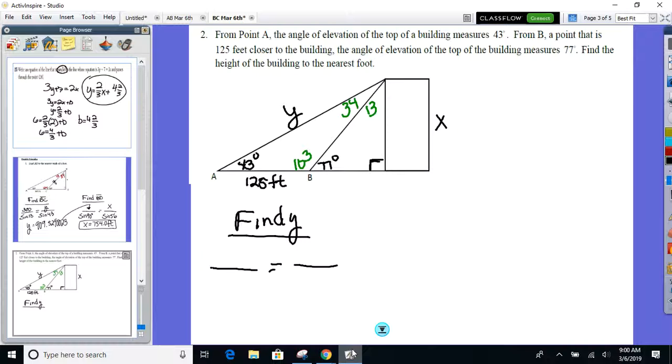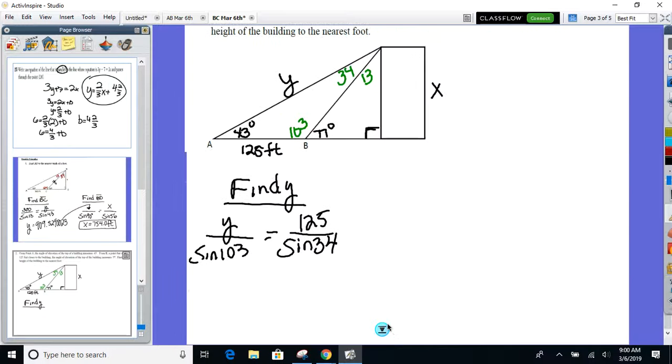Can you help me out? Set up the law of sines to find y. Yep. Got it. Okay. Let's not round here.